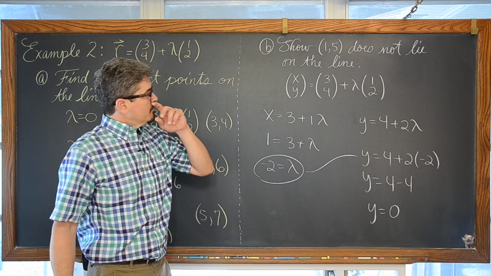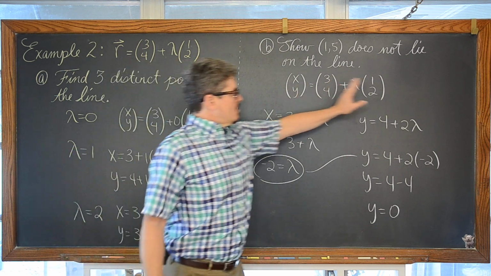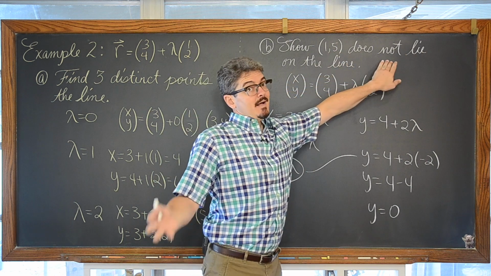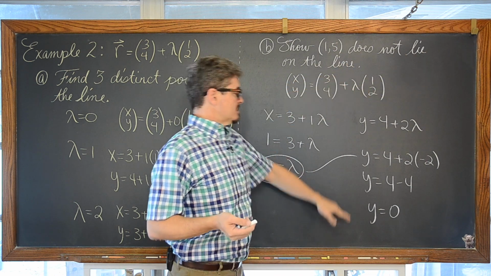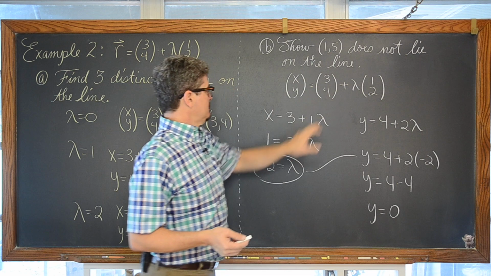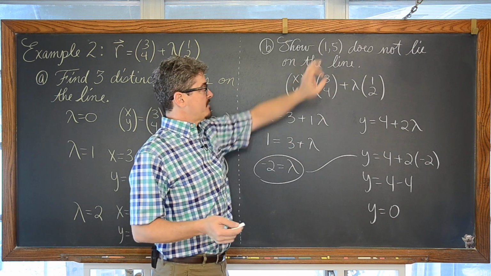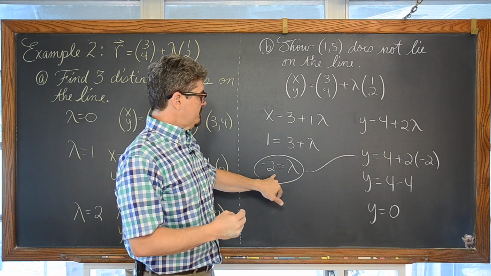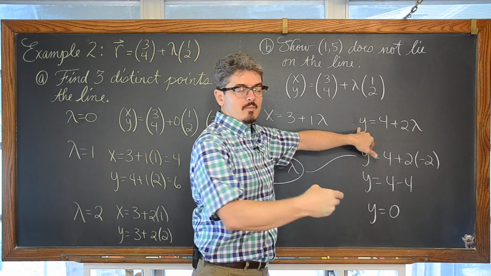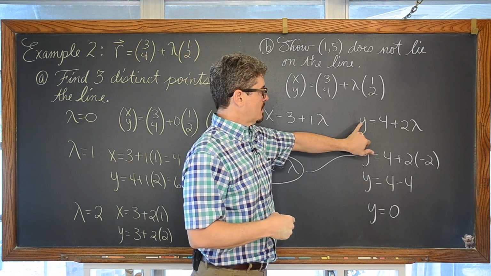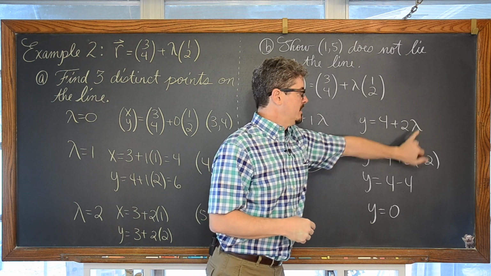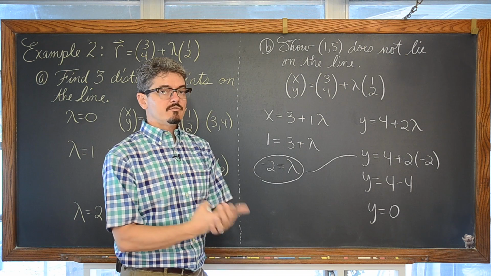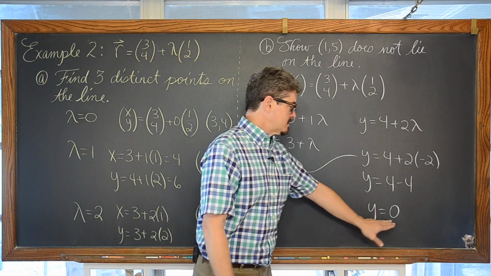Okay, well, here's our equation of our line in vector format. We want to show that it does not lie on the line, so hopefully we didn't get the same value, but when we plugged x in, for that specific x value of 1, lambda needed to be -2. If that lambda of -2 in our parametric equation where we're looking at y in terms of lambda had come out to be equal to 5, well then that would have shown that 1, 5 was on the line, but we got a value of 0.